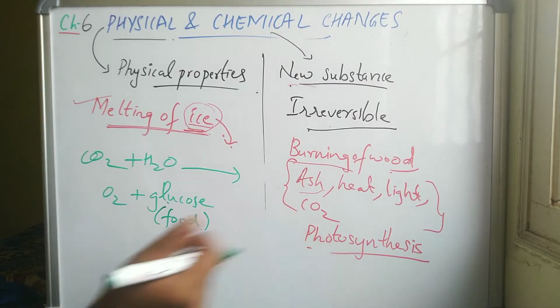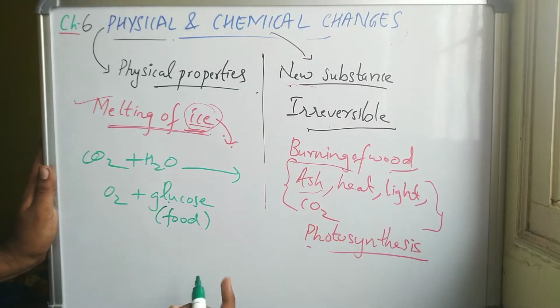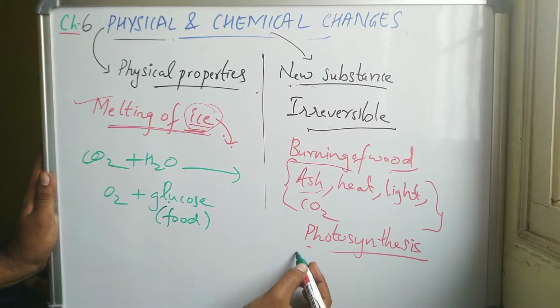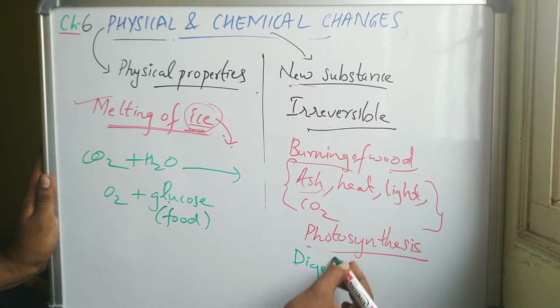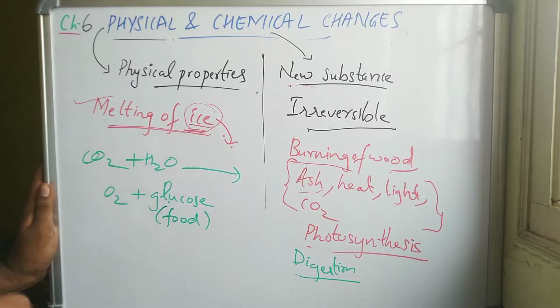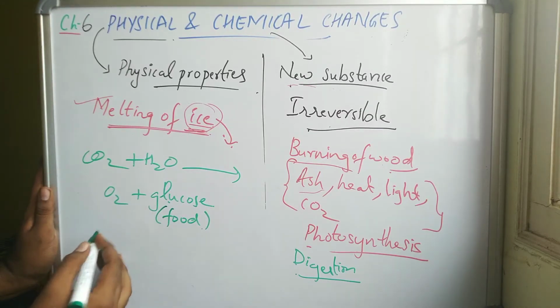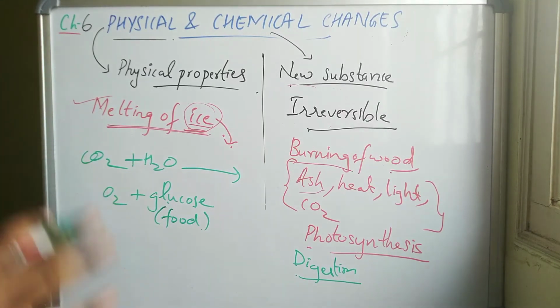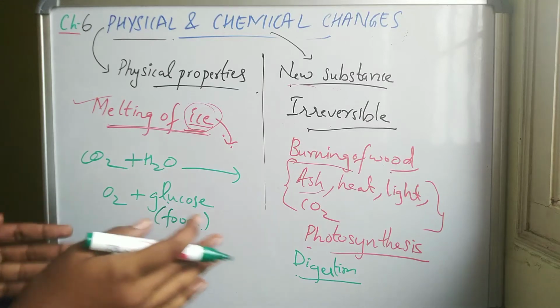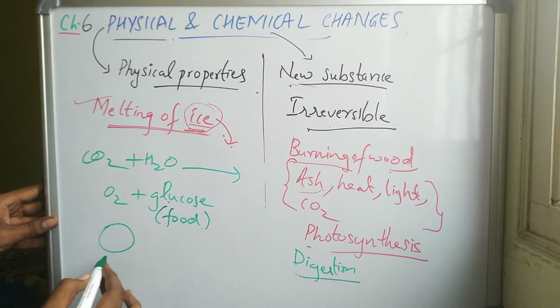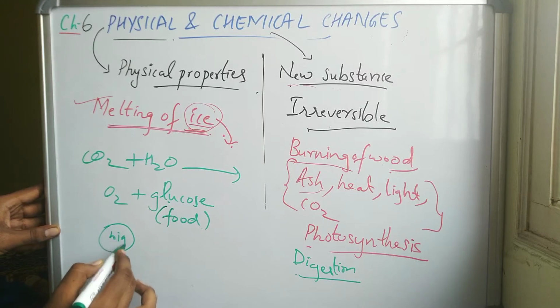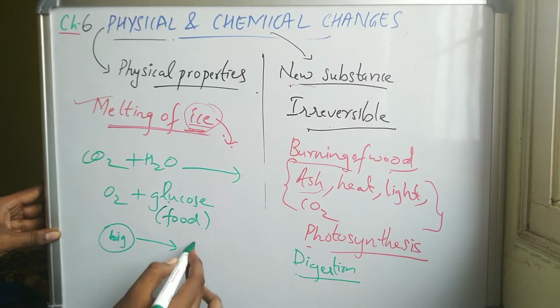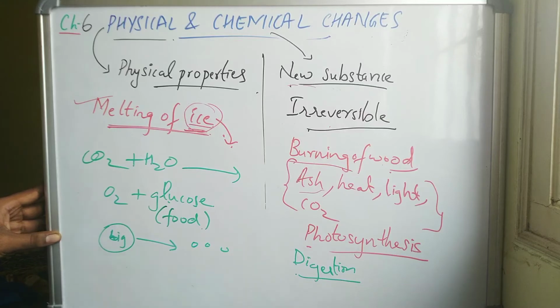What about digestion? Digestion is also a chemical change. Why? When you eat, the food goes through the food pipe and reaches the stomach, where it mixes with enzymes and other substances. A big substance converts into small particles, it breaks down into small particles.